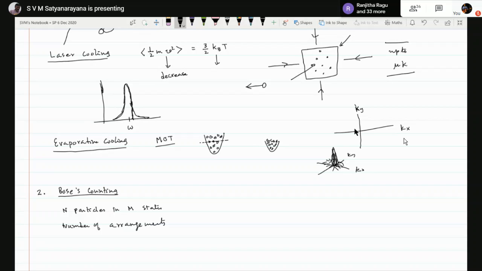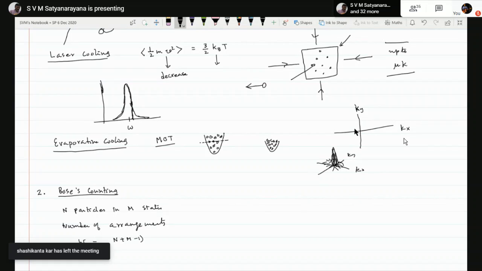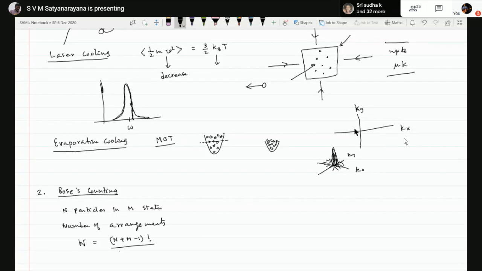Now this number of arrangements, if you want to call it W, is given by (n + m - 1)! divided by n! (m - 1)!.